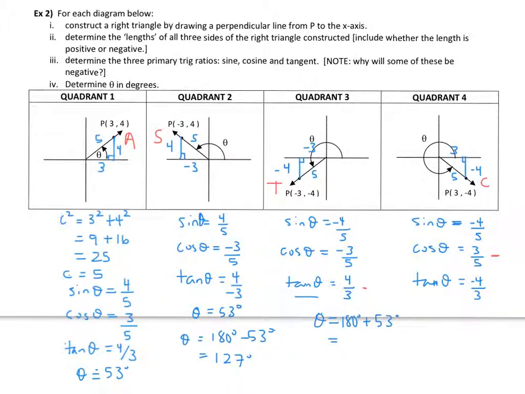And in the last one, because I'm dealing with the fourth quadrant, the related acute angle is 53 degrees, but my theta overall will equal 360 minus that 53 degrees. That is going to be 307 degrees, which is the correct answer there.